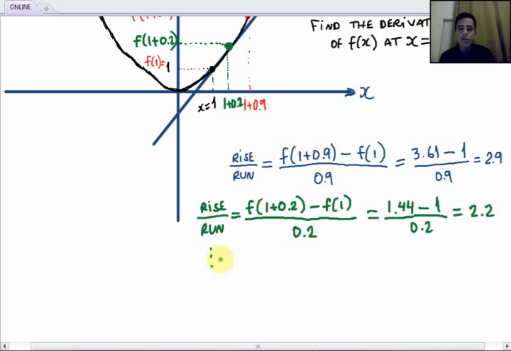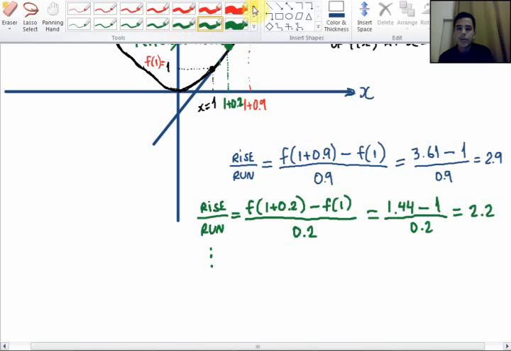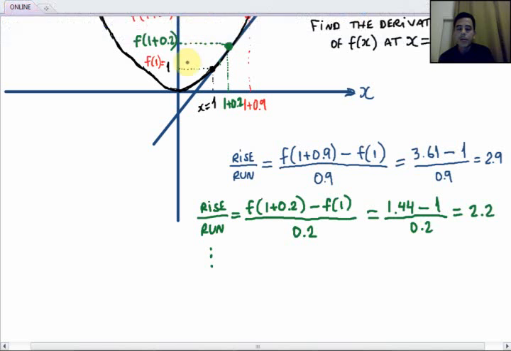So that's why now we're going to use a number here. Let's get closer. That could be, for example, 1 plus 0.1 maybe, or let's use a little variable called h.